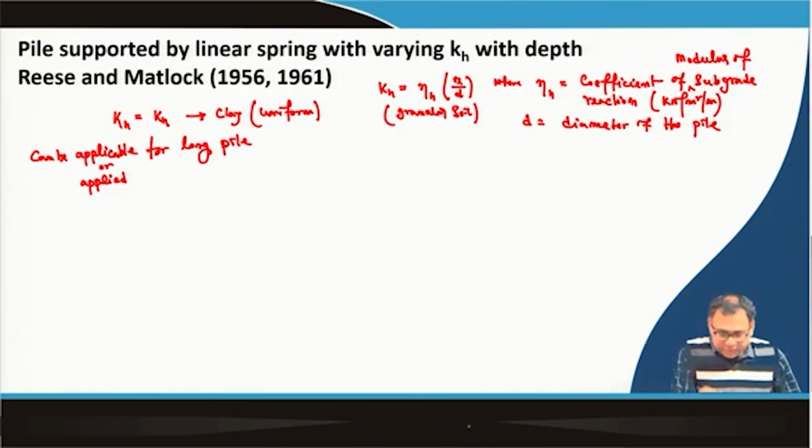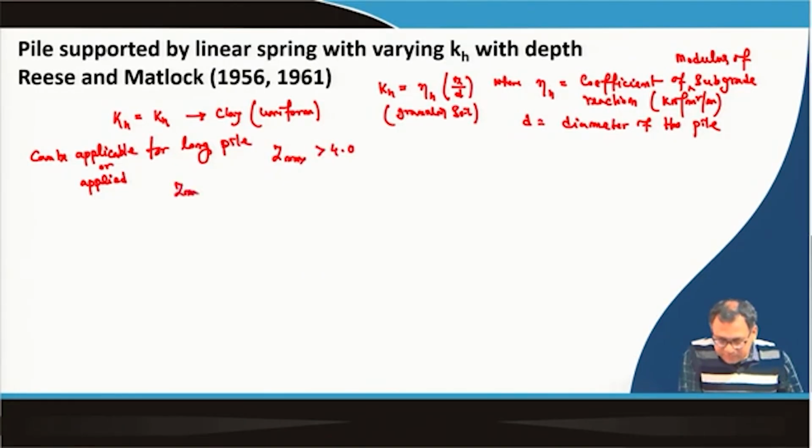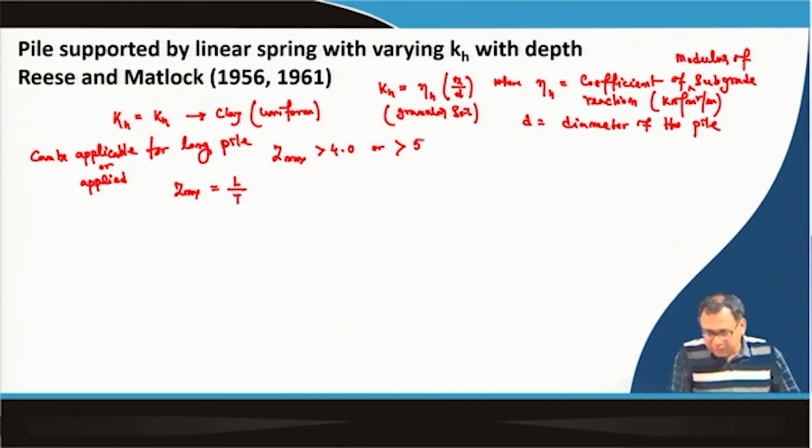So, how can we say the pile is a long pile? If Z max is greater than 4. What is Z max? Z max is equal to L by T. Sometimes it is said greater than 4 or greater than 5 also.